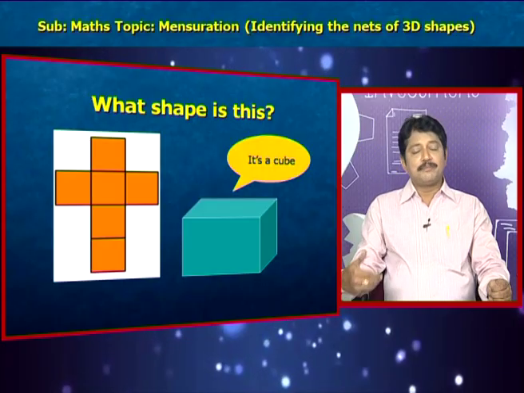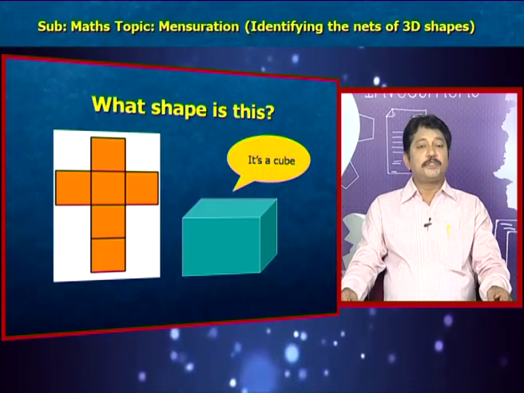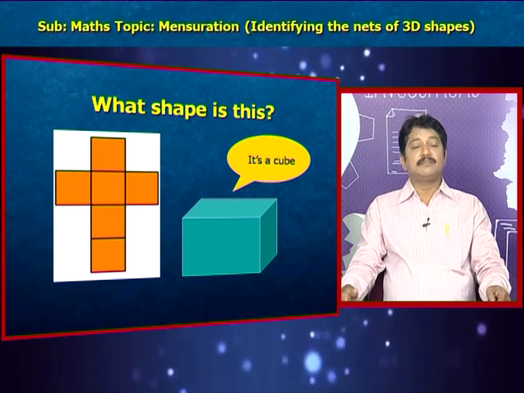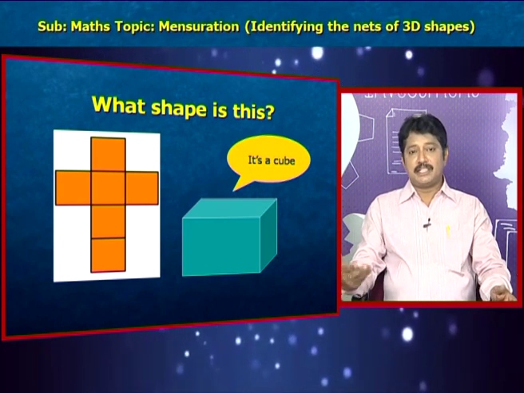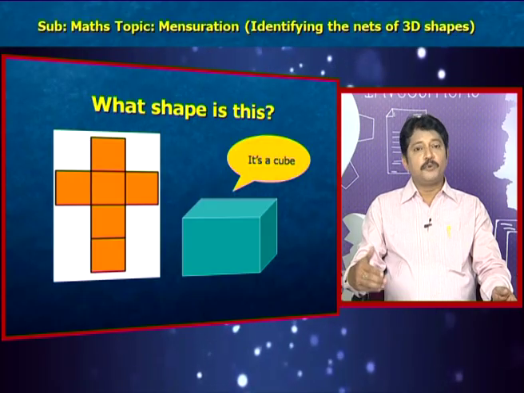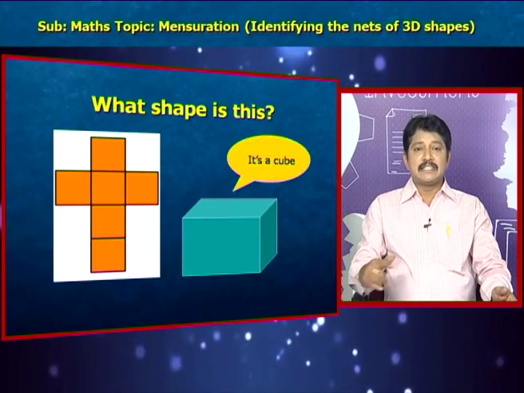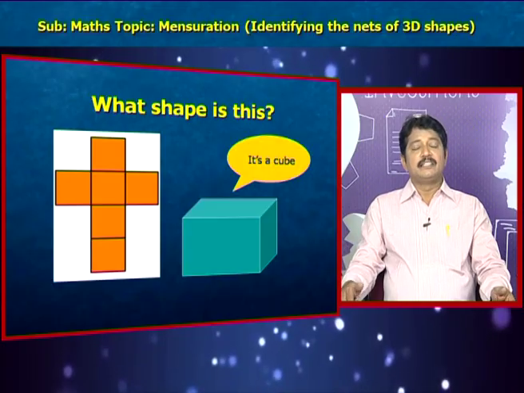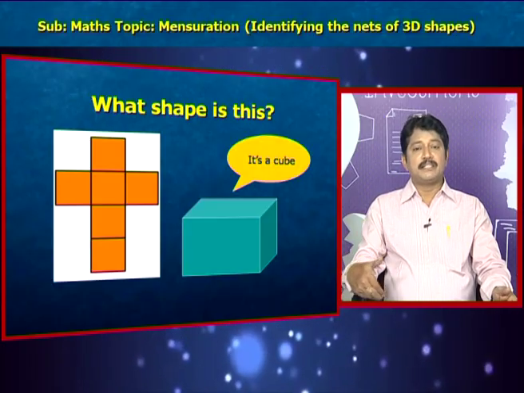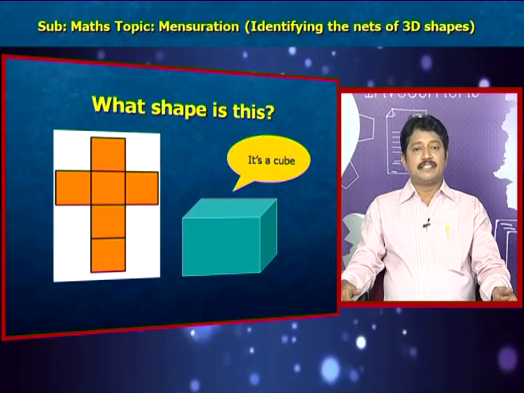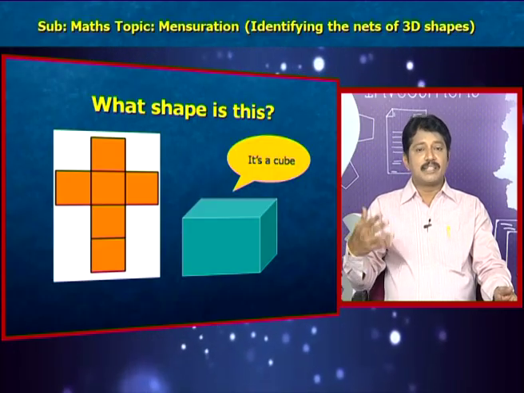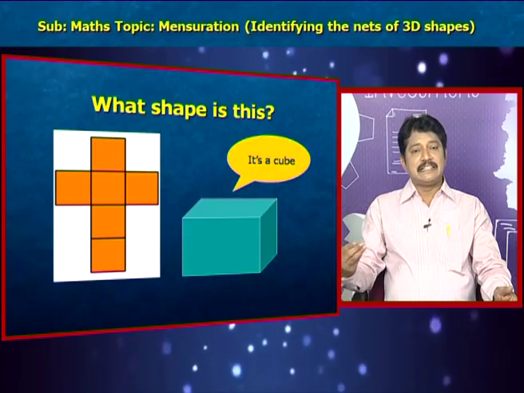If you learn it by heart, you may forget, but if you understand the net shapes, then it is easy. When you open it, I will show how the net will look. You will get totally 6 faces, okay, and excluding top and bottom, the two square areas will be deleted. Then what is the remaining part here? There are 4 squares. The area of each square is a square.